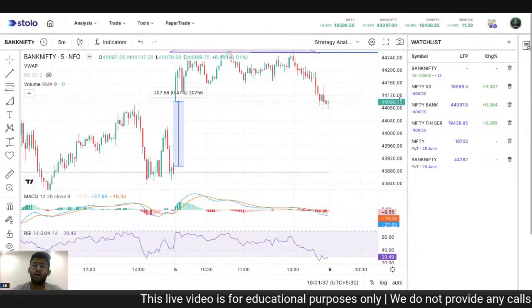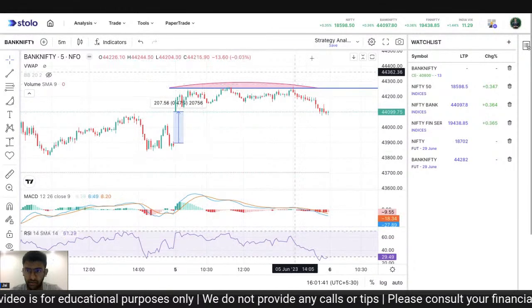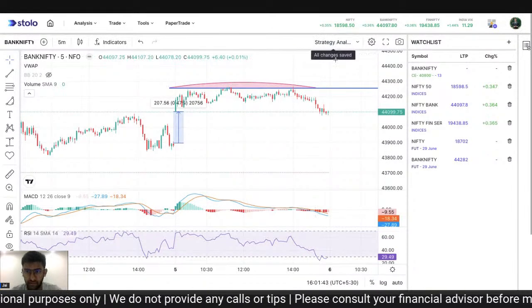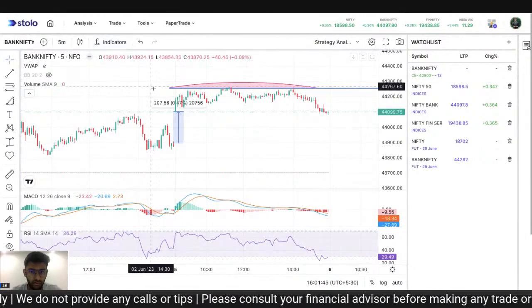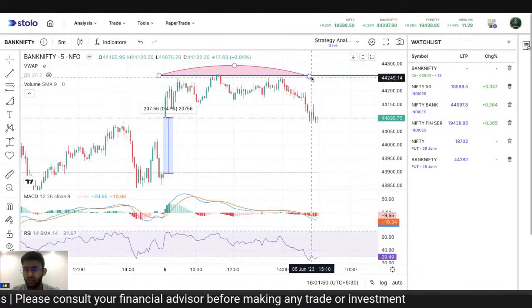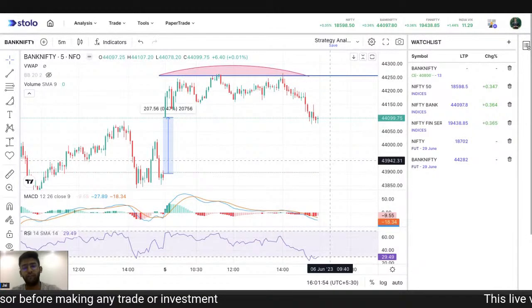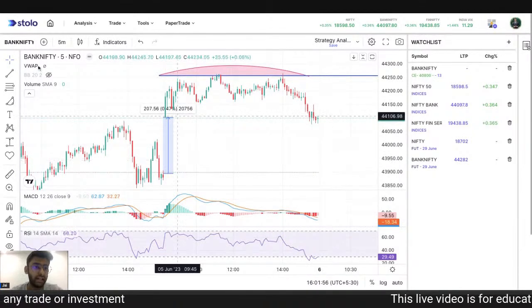But again, not very bearish on the market as of yet. 44,000, breaking this particular zone, we can see it. So 44,250 is our zone above which we see it go a little higher, right?